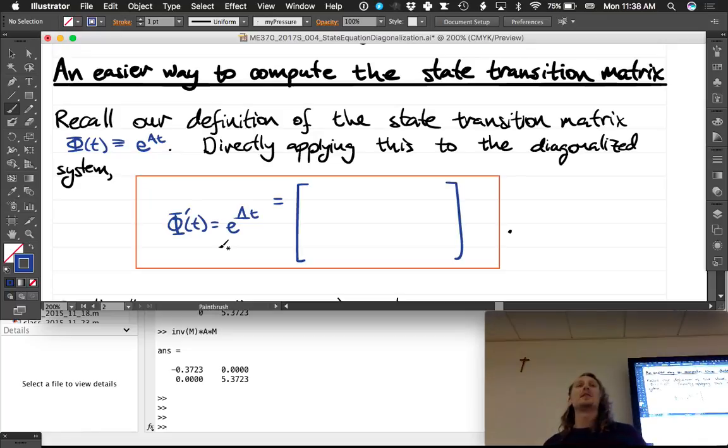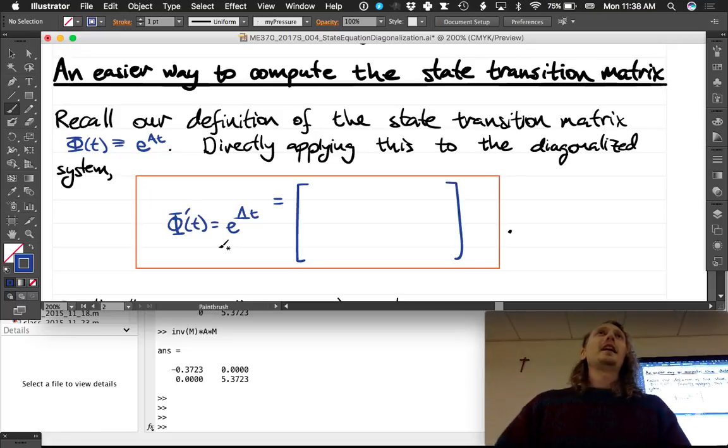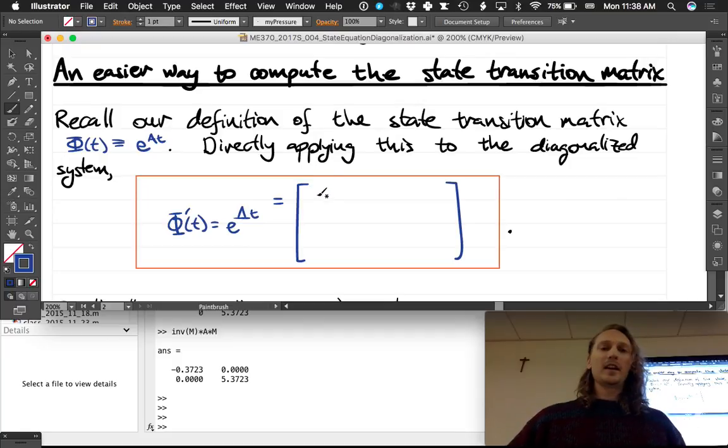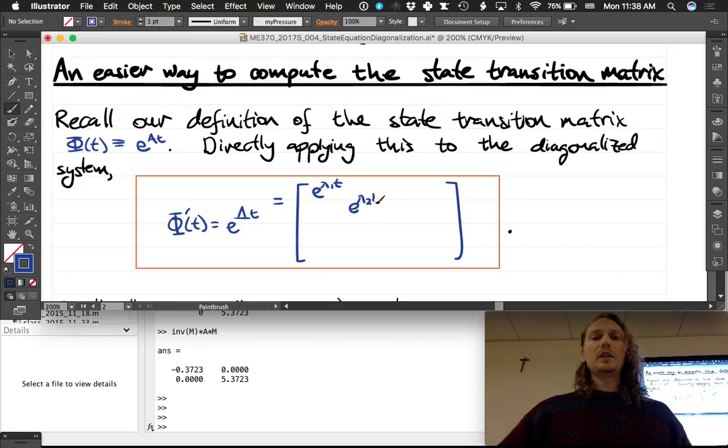If you take the matrix exponential of a diagonal matrix, it's really easy to compute. It turns out that all you have to do is plug in a regular old exponential to each of the diagonal terms. So the first one is e to the lambda 1 t. Then the next diagonal term is e to the lambda 2 t.